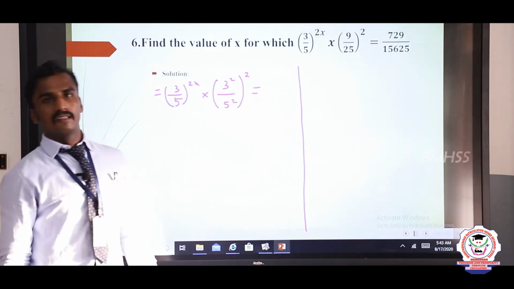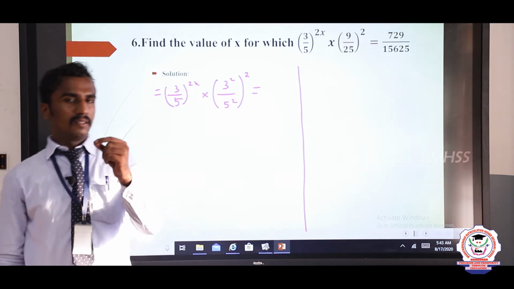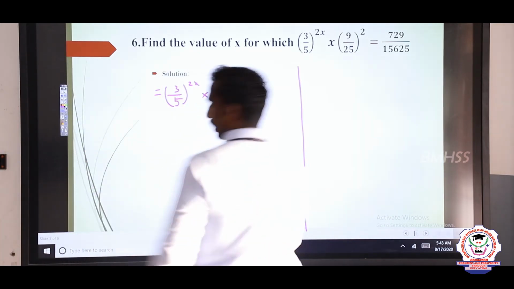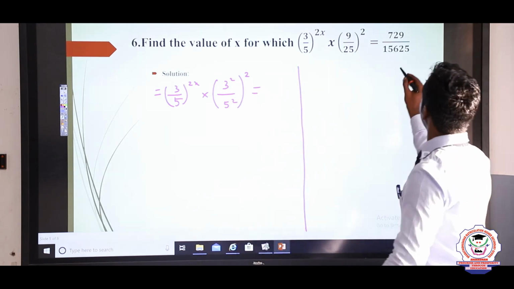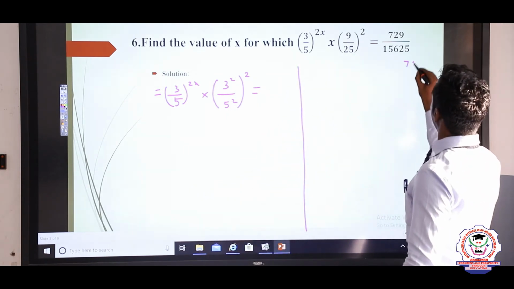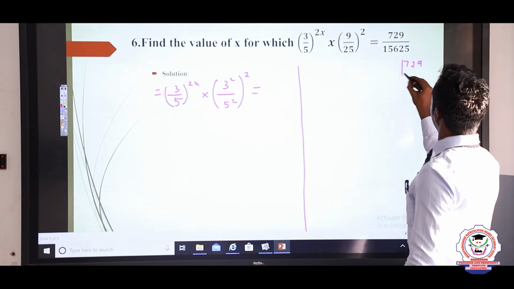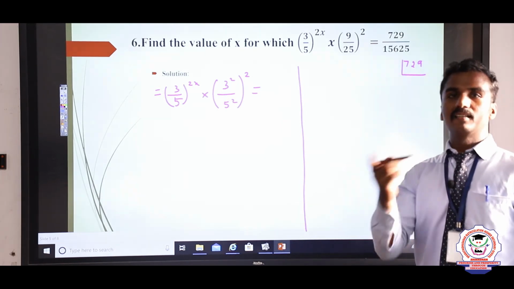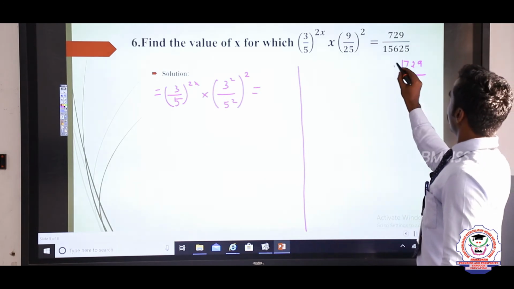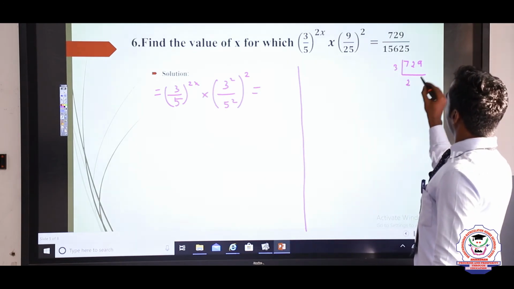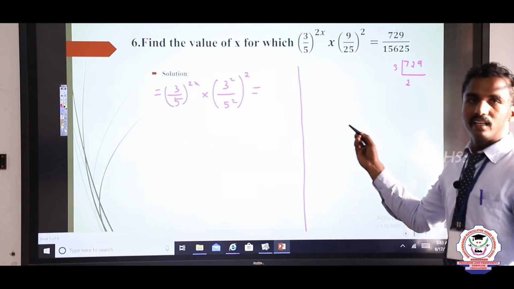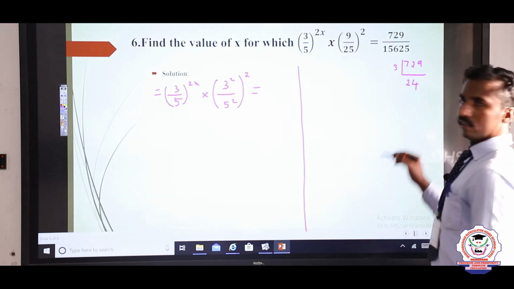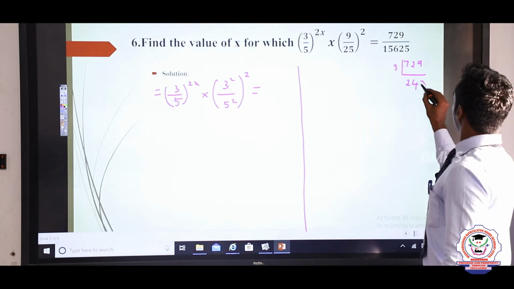729. The very important method, prime factorization method. 729. This division is called the prime factorization method. The 3 table. 3 2s are 6, remaining 1. So 1 2 12, 3 4s are 12, 3 3s are 9.